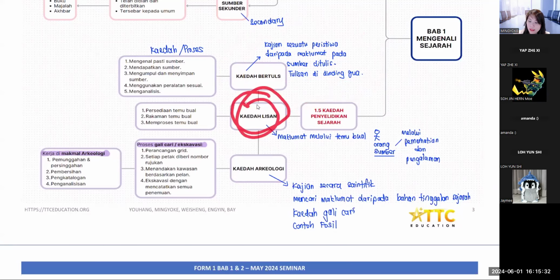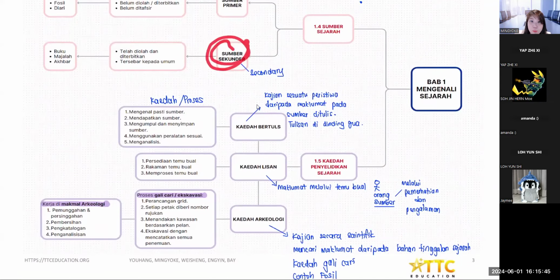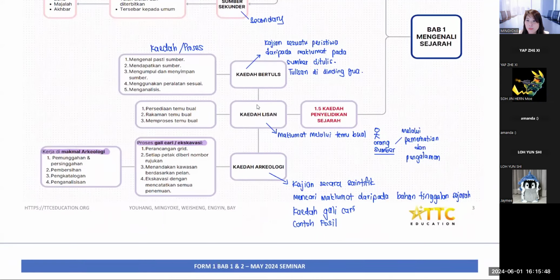Kaedah lisan is information we get from, I interview you, I ask you, hey, you know what this one? And then you listen. From the person, that person that we get the information is called orang sumber. Why? Because we get sumber sejarah. Through what method? Through that person get the evidence through observation, pemerhatian, and through their experience, pengalaman. Right, guys. Correct, right? Yeah. So, under this case, that's called the kaedah lisan.